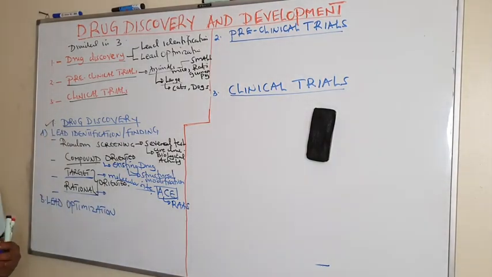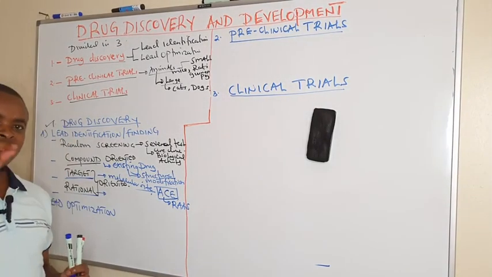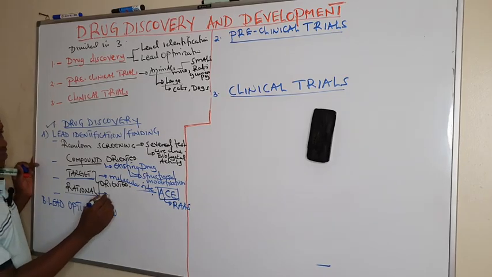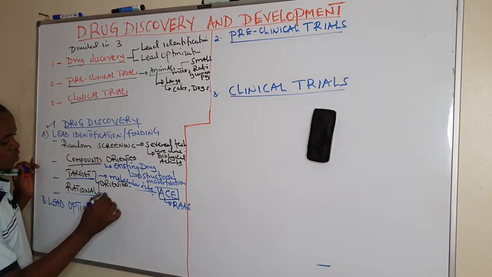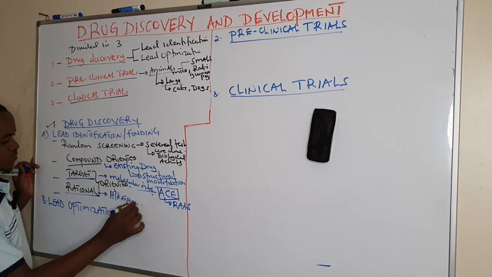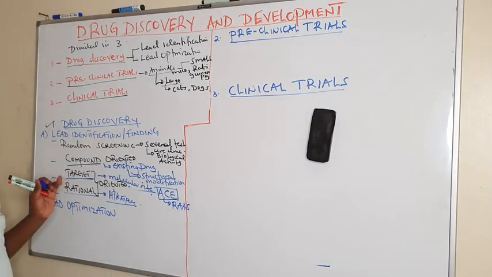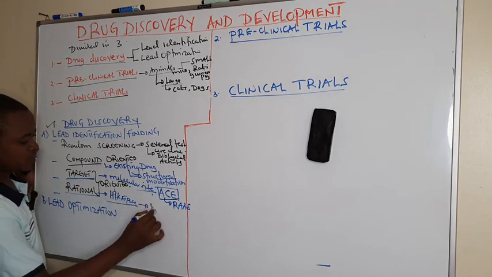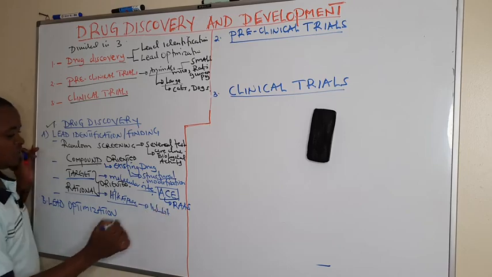So if I want to target a certain pump, like the proton pump, or the hydrogen potassium ATPase pump, and I know how it functions, here we develop a drug to inhibit this.